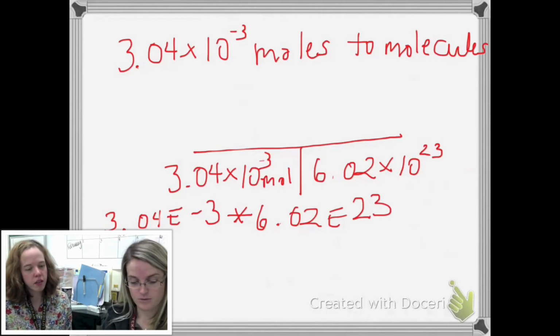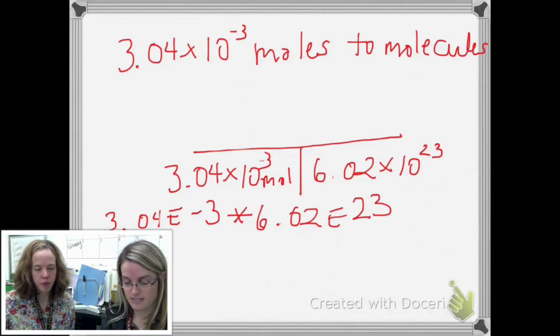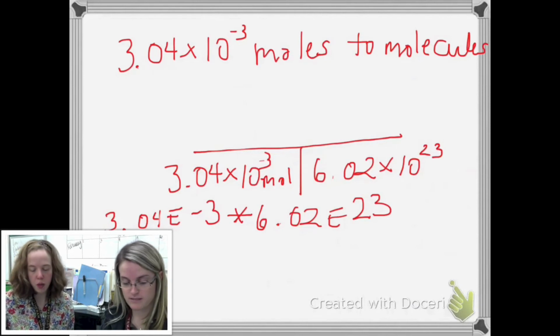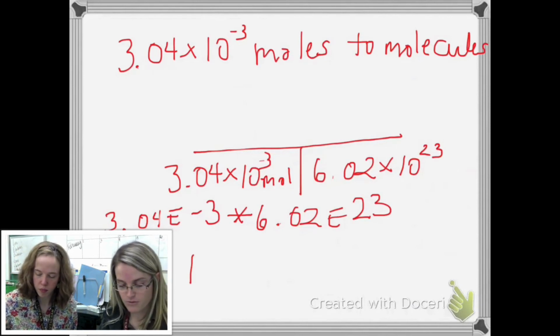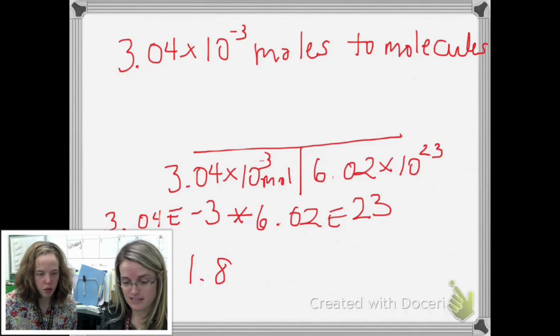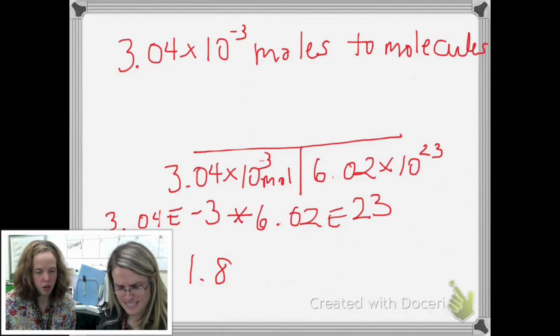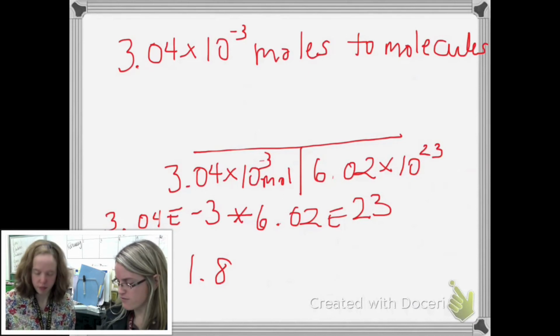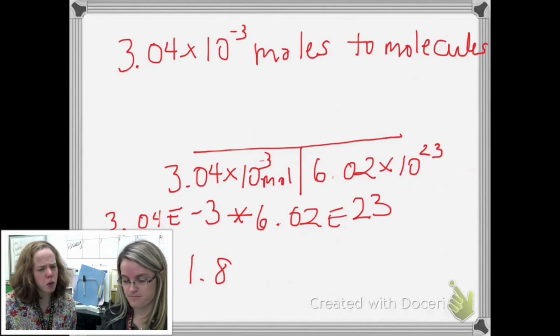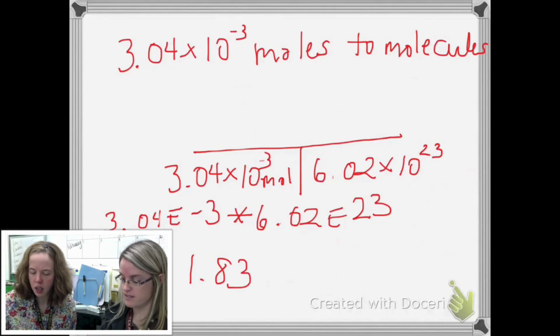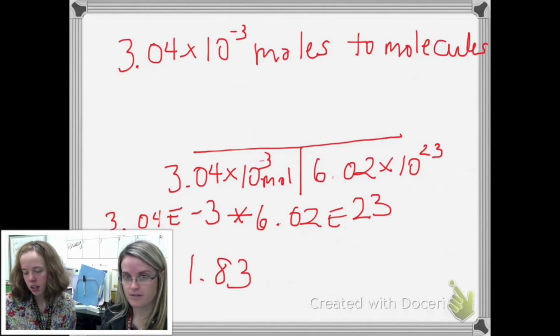So if I do that, you said I need to do 2 decimal places. So I got 1.84, but if I pay attention to my calculator, it's got a little teeny tiny times 10 to the 21st. So it's actually 1.83, and we've got to make sure we keep that.